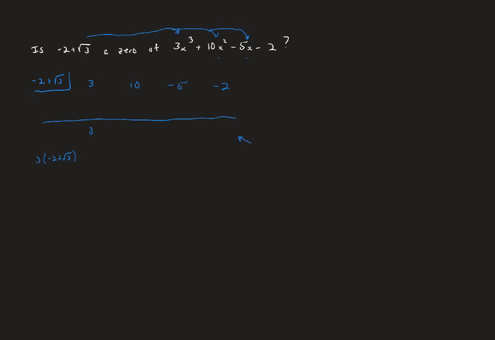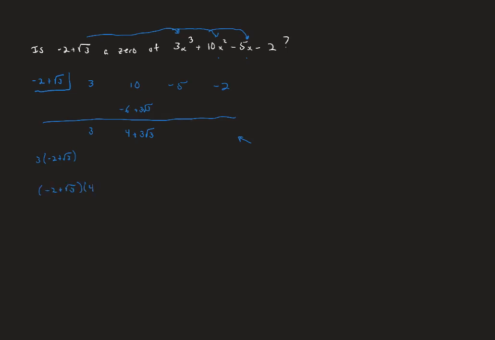So I'm going to distribute that 3, so that's going to be a negative 6 plus 3 square root of 3. I'm going to add down, so the 10 and the negative 6 are going to make that 4 plus 3 square root of 3. And now here's where it's not much fun anymore.